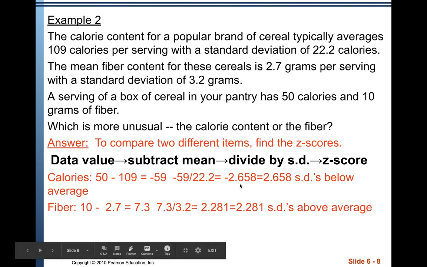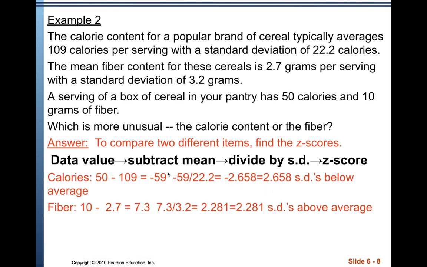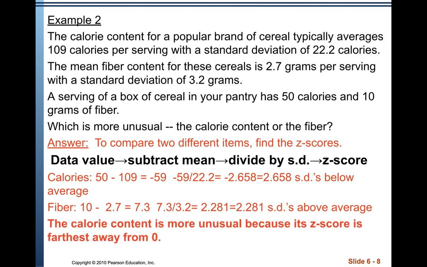In this case, that's the calories. Whichever z-score is farthest away from zero is the one that is more unusual. So the calorie content would be considered more unusual because its z-score is farthest away from zero.